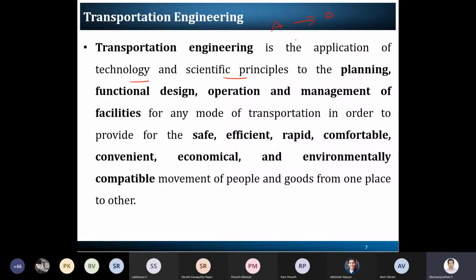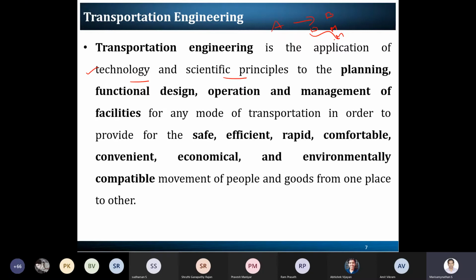Those facilities are applications of various science and technology. For example, we have provided bus systems, and somewhere we have provided metro and monorail facilities. All these technological facilities we have provided are applications of our engineering field, that is, science and technology.